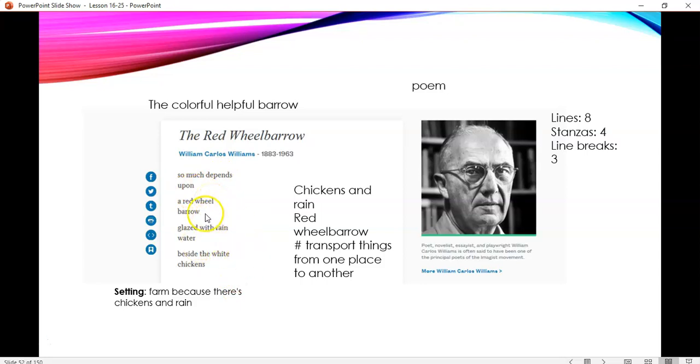No. White and barrow? No. White and rain? No. White and water? No. And chickens. Chickens and depends. No. Chickens and upon? No. Chickens and wheel? No. Chickens and barrow? No. Chickens and rain? No. Chickens and water? No. And chickens and white? They do not.